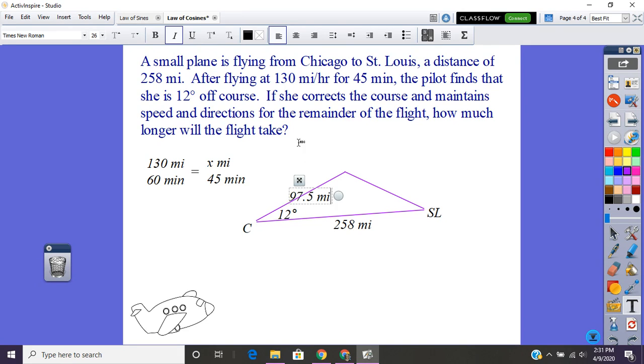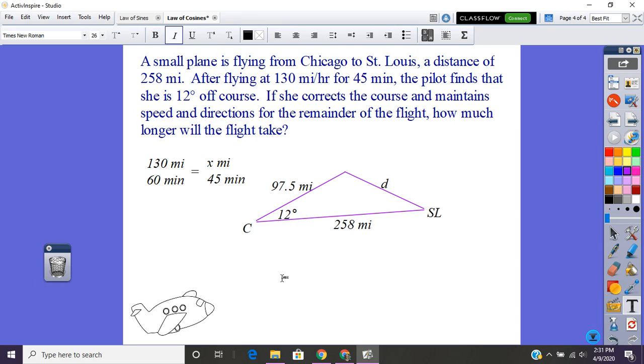And it wants to know how long it will take to finish flying this. Well, to figure out how long, we need to figure out this distance D. So here we go. We've got a side angle side. Well, that's perfect for finding using law of cosines.